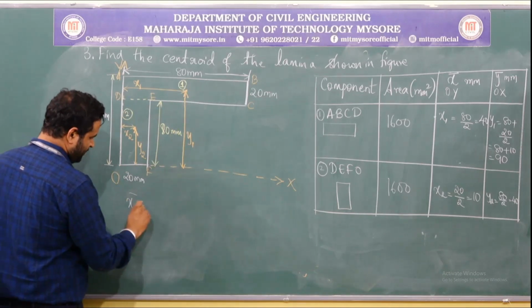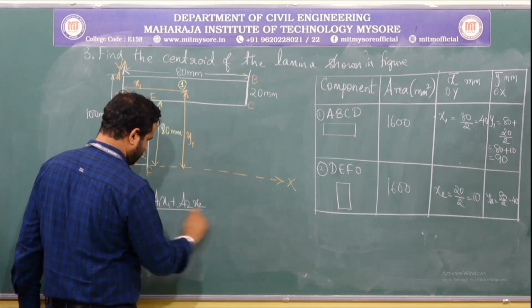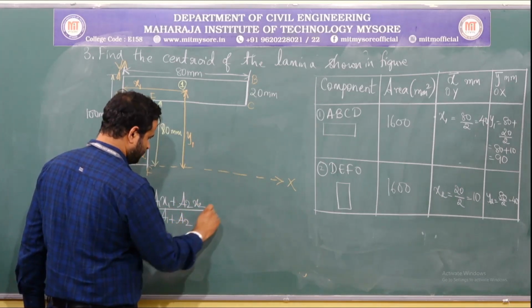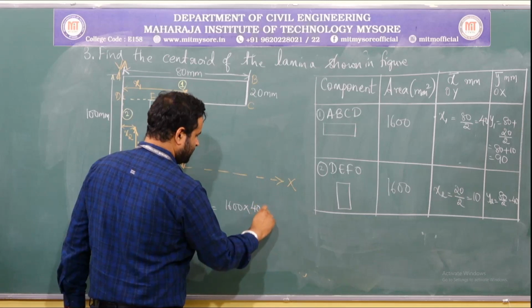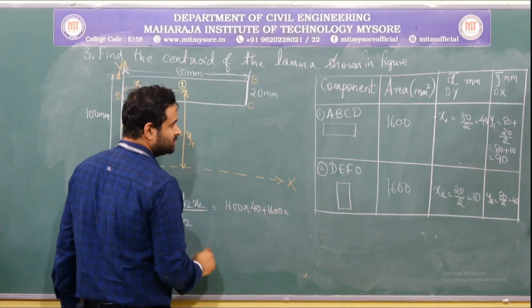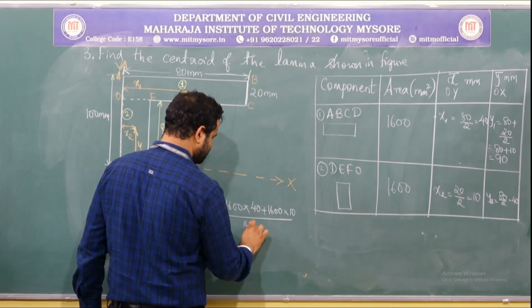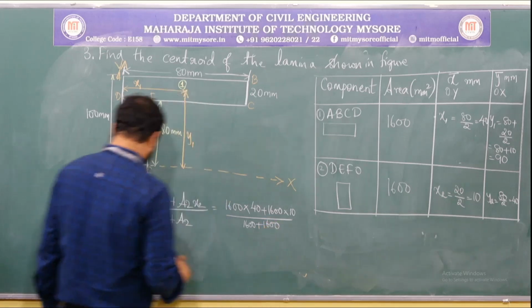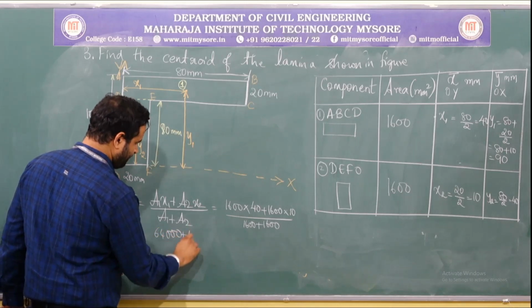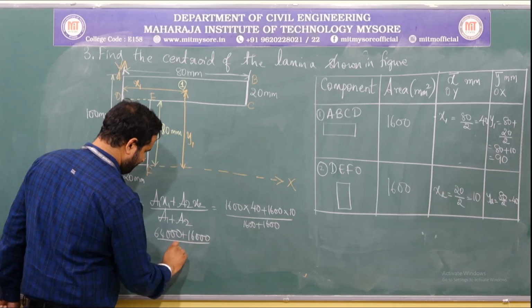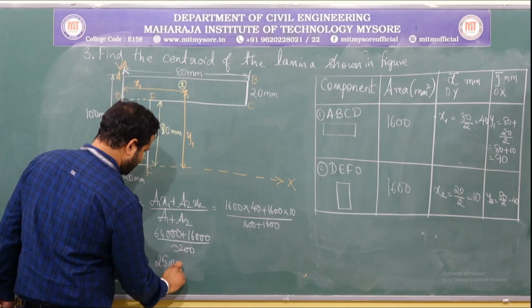So x bar is given by a1 x1 plus a2 x2 divided by a1 plus a2, which is equal to 1600 into x1 is 40 plus 1600 into x2 is 10 divided by 1600 plus 1600, which will be equal to 25 mm.